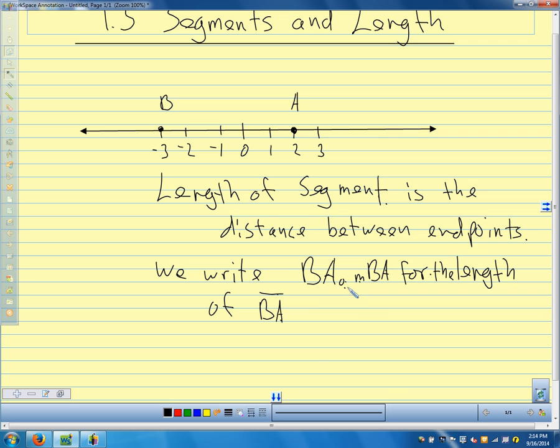So the two letters with the endpoints without a bar over it, or the little m in front of the segment. M means measure. Either of these ways tells us that we're looking for the length of the segment. And the length is how far it is between the endpoints. That's all we're looking at. If we're on the number line, we can count spaces. If we have big numbers, we can figure out how far each one is from 0. We want to make sure our lengths are positive.